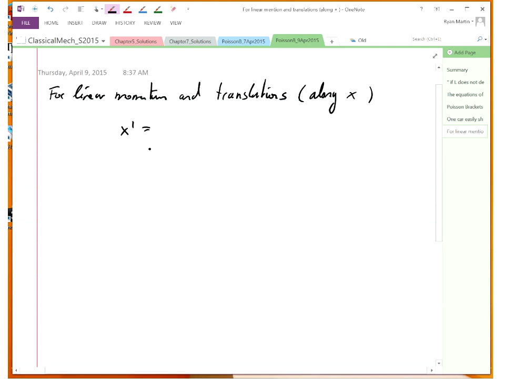So the transformation equation for linear momentum, or translation along the x-axis, was that x prime goes to, well, let me just write it as x plus delta epsilon. So fx was equal to 1. Then we had y prime equal to y, z prime equal to z. And so fy was equal to 0, and fz was equal to 0.